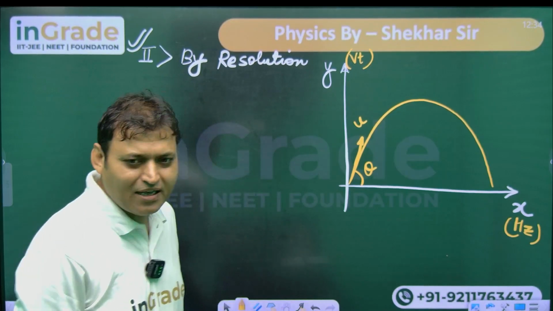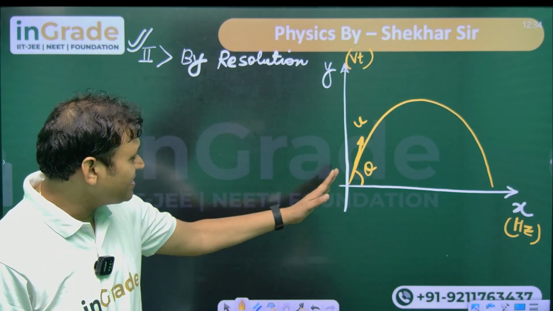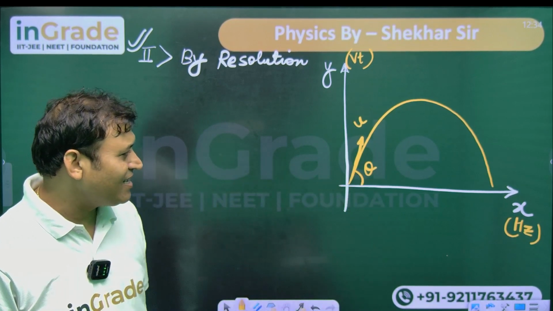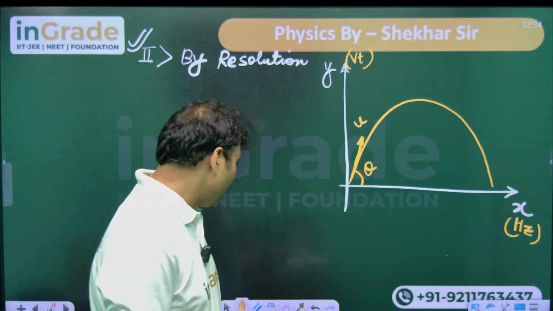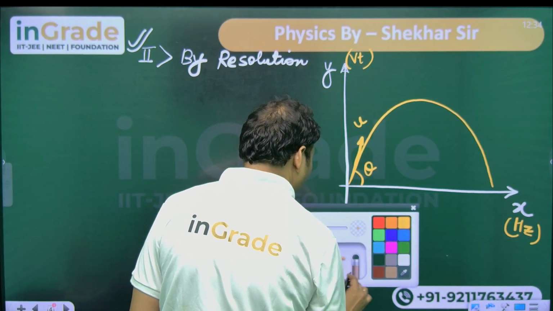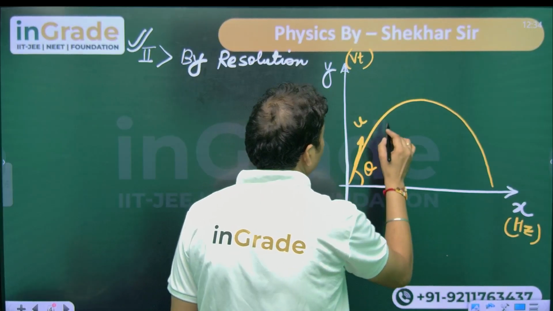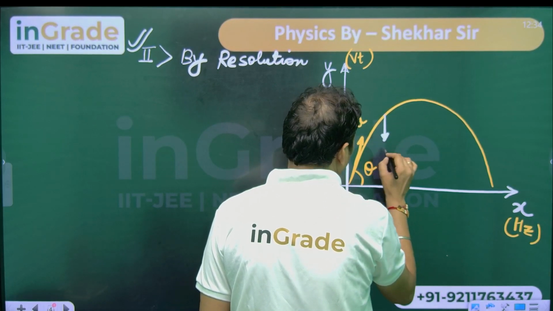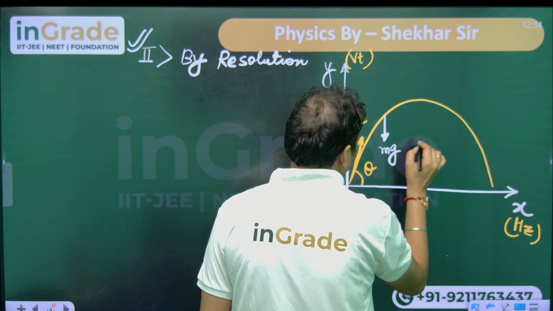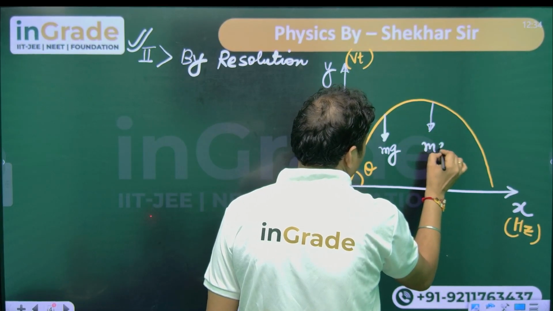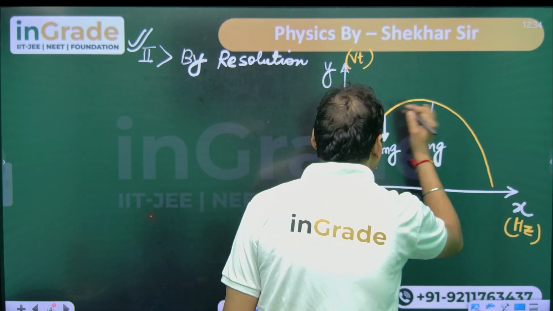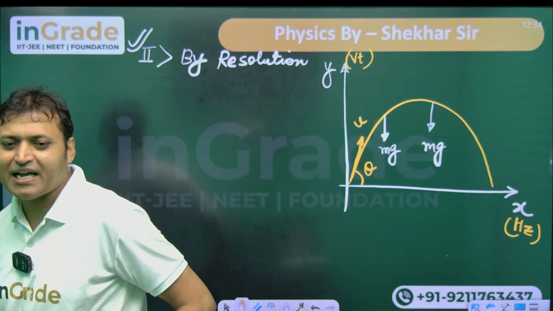When a particle is thrown with some initial velocity u making an angle theta with the horizontal, the motion of the particle under the effect of only the Earth's gravity or gravitational force is known as projectile motion.